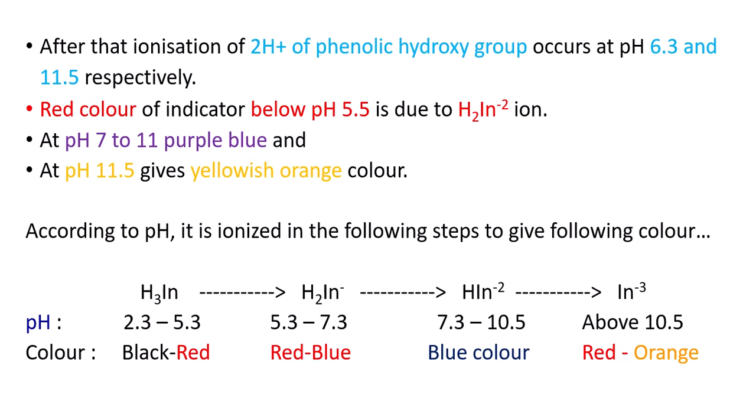Then H2In- undergoes ionization giving H+ plus HIn-2. This occurs within pH range of 7.3 to 10.3 giving blue color. And finally above 10.5 pH, HIn-2 ionizes giving In-3 plus H+, that gives reddish orange color. Okay, so pH range affects the color change of the metal ion indicator.